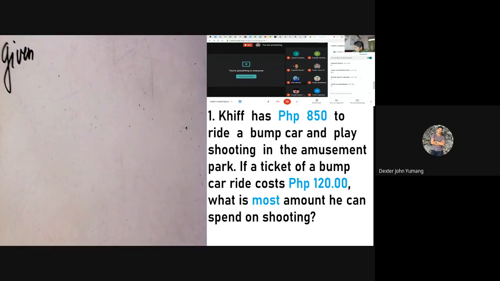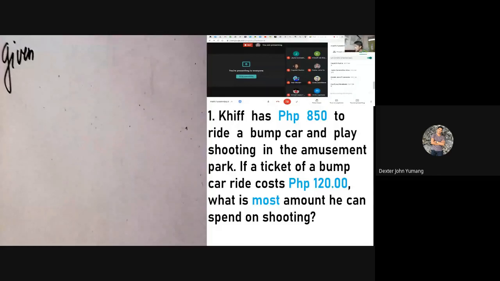Densely is also correct for the representation. Okay, what do you think is our given? Let 120 plus X be the amount you can spend on shooting. Yes, that's true. No, not shooting, Cristo. It should be amusement park. 120 plus X is the amount you can spend on amusement park. It should be amusement park or the park alone.